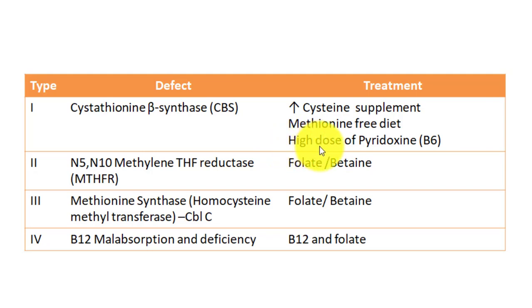Most cases are vitamin B6 responsive, and very few are not. Cysteine beta synthase deficiency is generally vitamin B6 responsive, which is why this vitamin can prevent such conditions. So these are the three treatment modalities: avoid methionine, supplement cysteine, and give a high dose of vitamin B6.